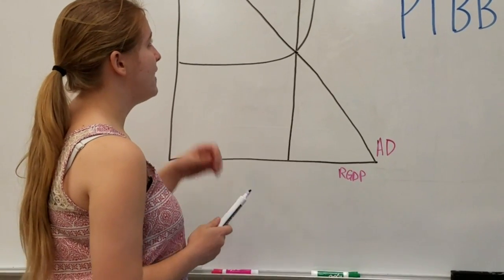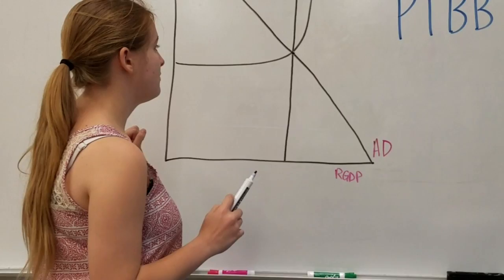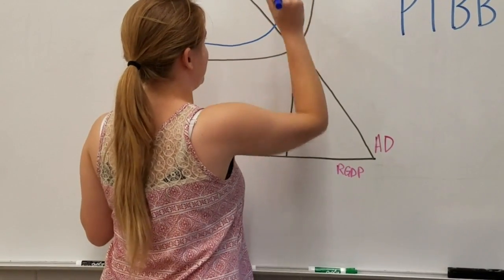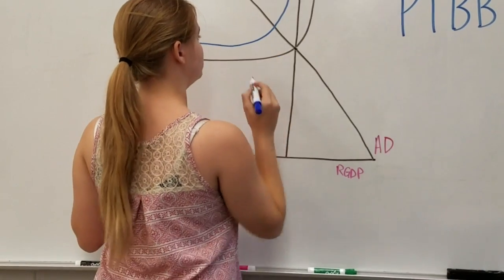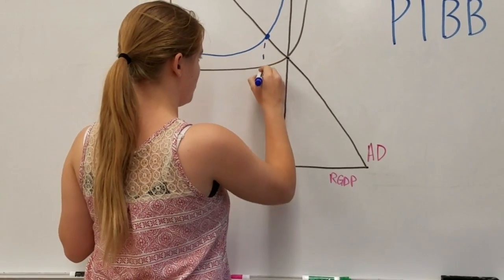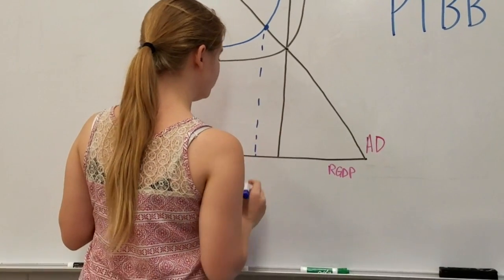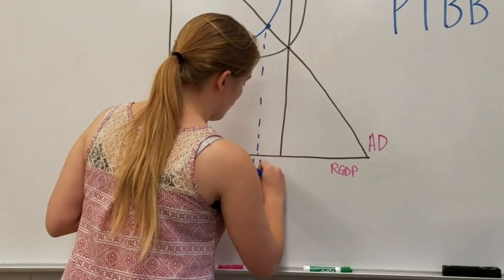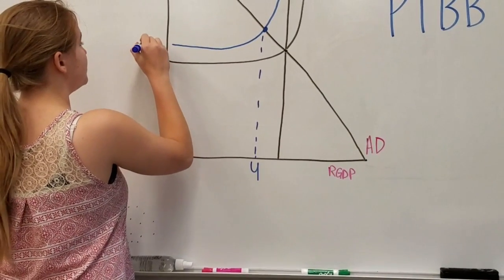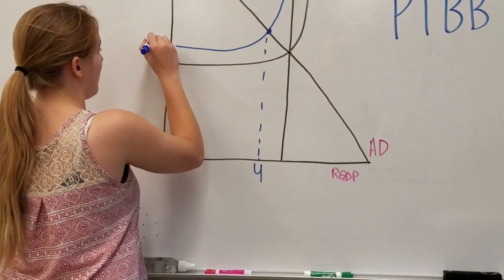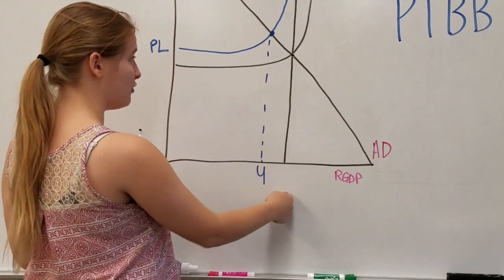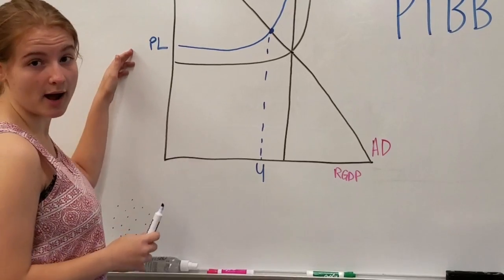This means that the shift would be in. So now this is the new equilibrium. This is the new Y. And this is the new PL. This means that our GDP has gone down while price levels have gone up.